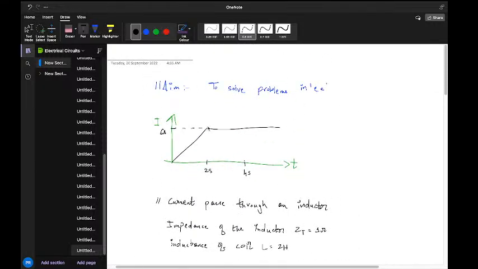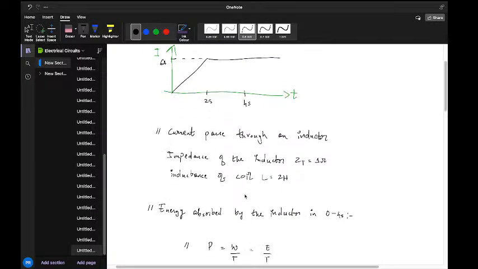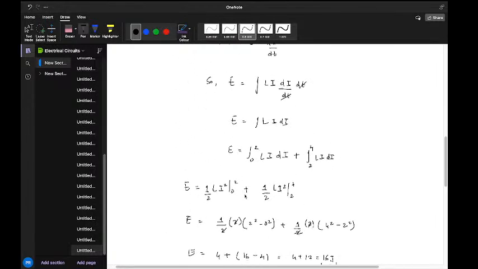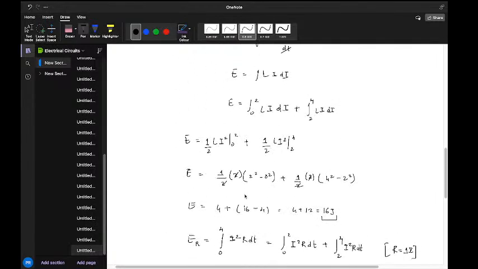So the current here goes from 0 to 6, and here it is constant. So let's go from 0 to 6.